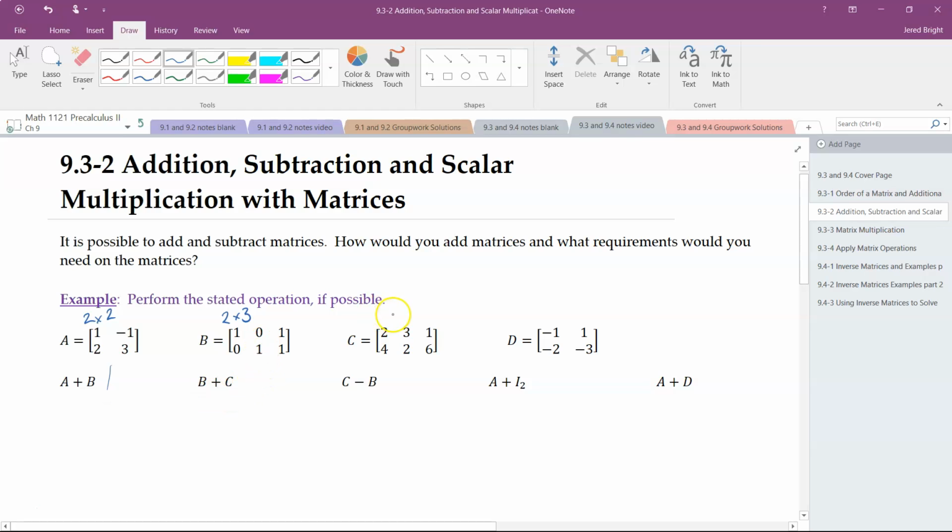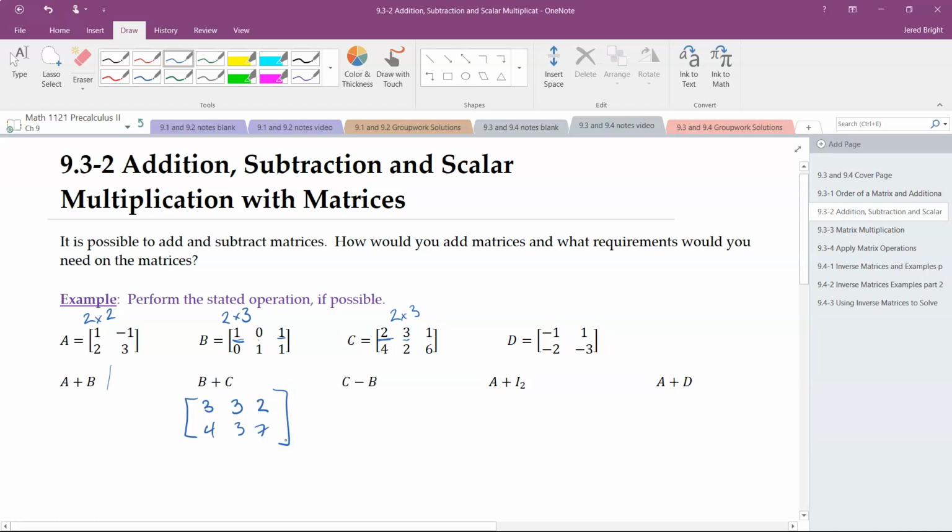B plus C, this is also 2 by 3, and if I want to add them, an easy way I could add them is just add the corresponding entries, and actually that's exactly how you end up doing it. So when we take B plus C, we would add the entries of B and C. So that's 3 in the upper left, 0 plus 3 is 3, 1 plus 1 is 2, 0 plus 4 is 4, and then I get 3 and 7.